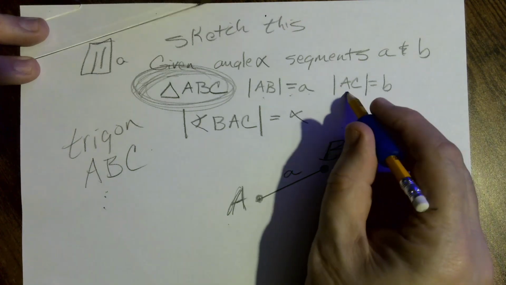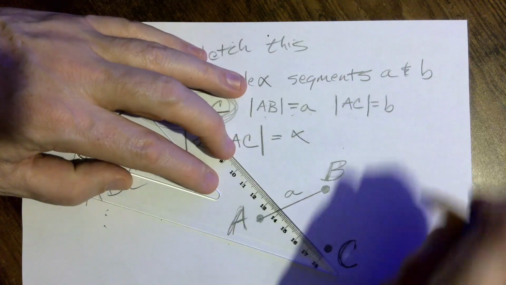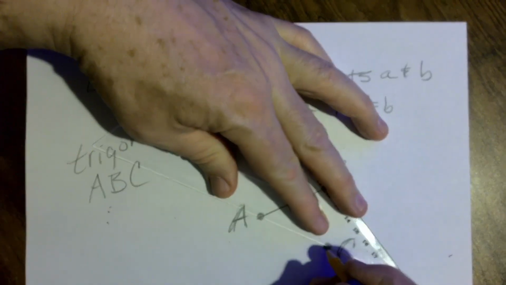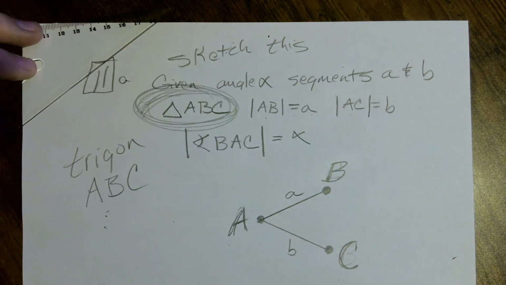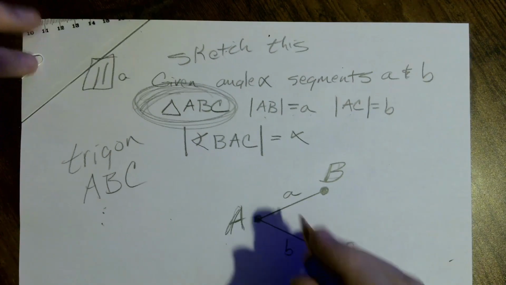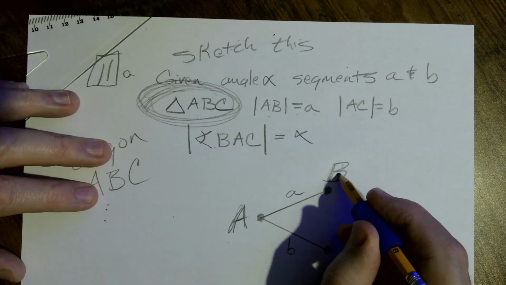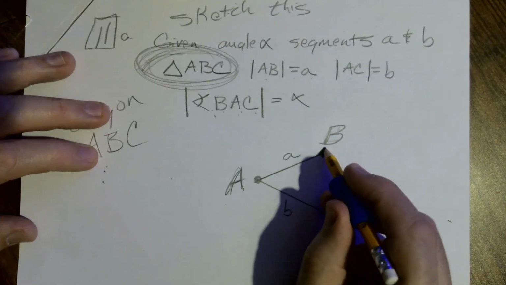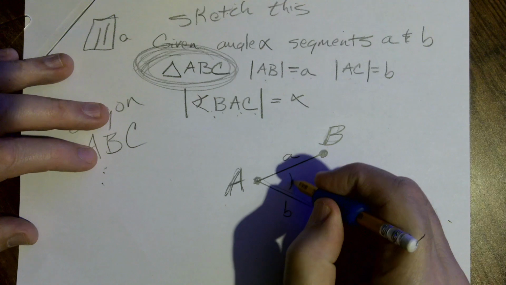It wants AC, the measurement of this segment, AC, to be equal to B. So we'll just label that B. And it wants the measurement of angle BAC, so B from here to here to here, this angle here.